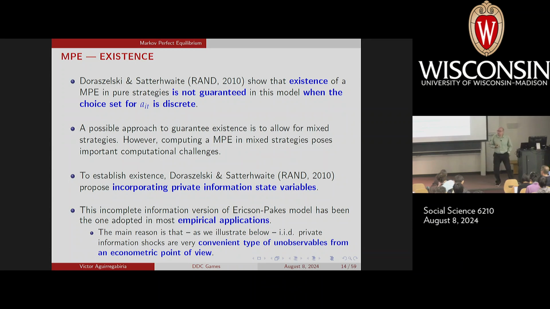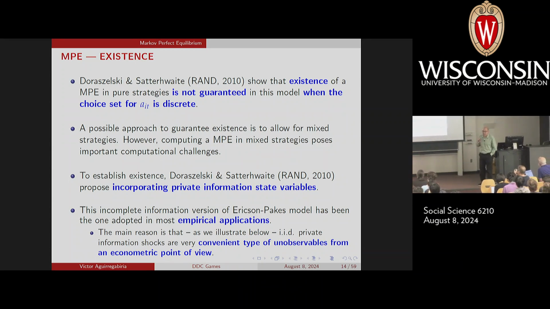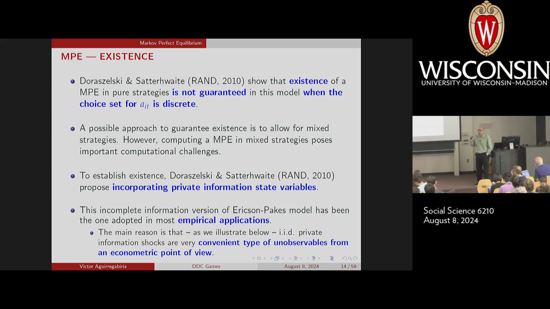This property, together with the fact that introducing an IID private information shock is a very convenient type of unobservable for doing econometrics, has motivated extending the model that I have presented, which is purely complete information, to a very simple type of incomplete information version of this model, okay?